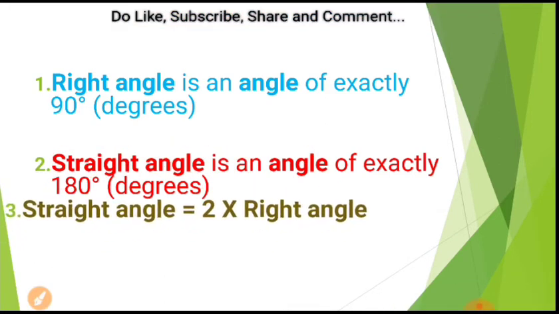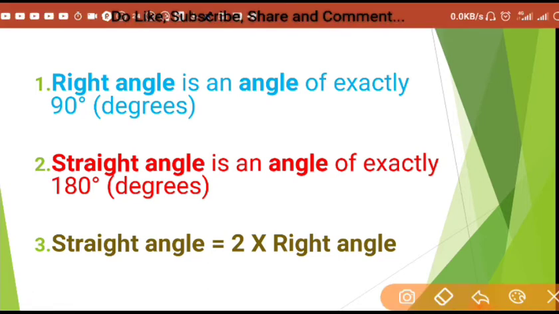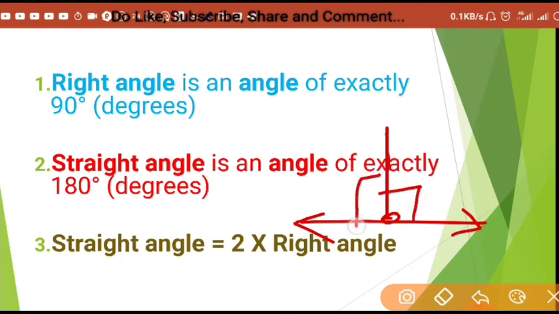Next point, you know very well that a straight angle is equal to 2 into a right angle. Because when we have a straight angle like this, we can make two right angles here, one right angle and the other right angle. So this total is 180 degrees.